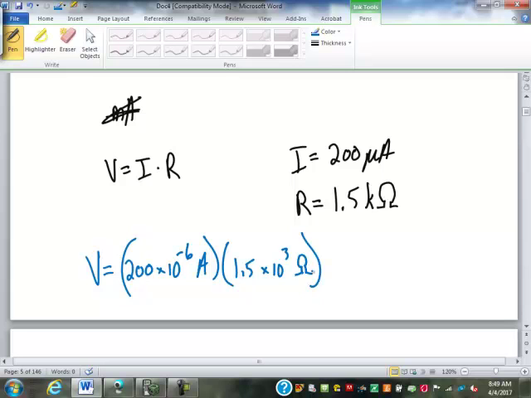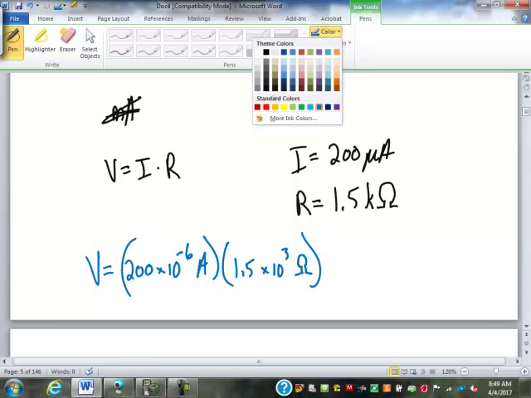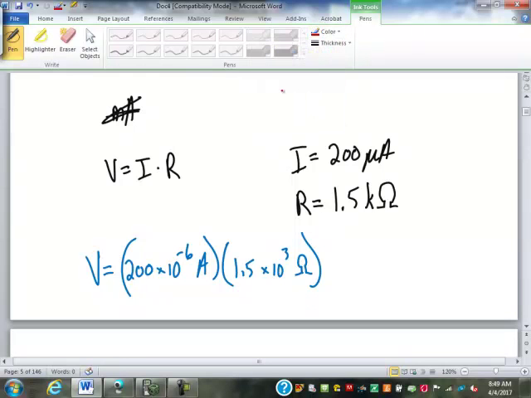So 1.5 kilo ohms is 1.5 times 10 to the third ohms. So now we're going to multiply. 200 times 1.5 is 300. 10 to the negative 6 times 10 to the third. When we multiply powers of 10, we add the powers. Negative 6 plus 3 is negative 3.